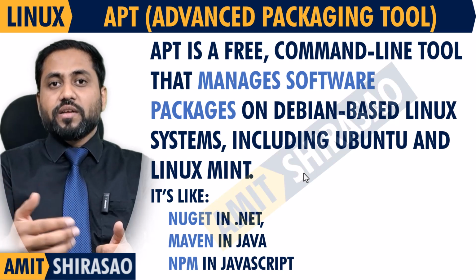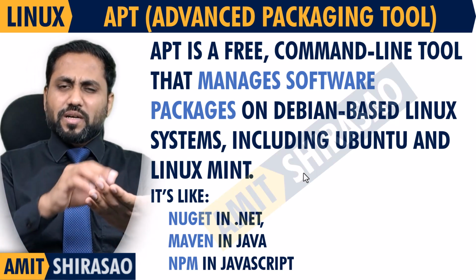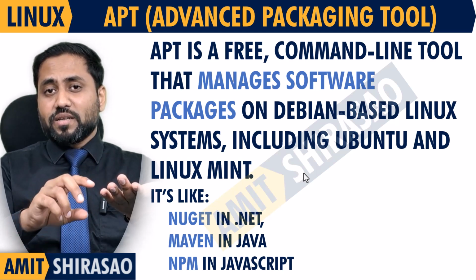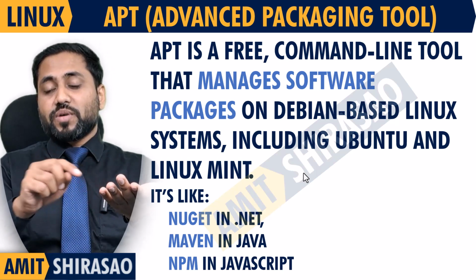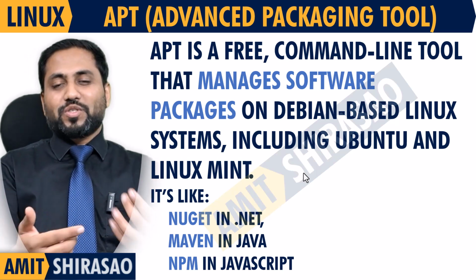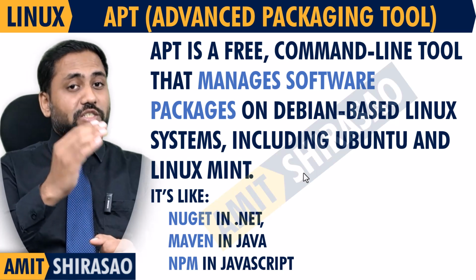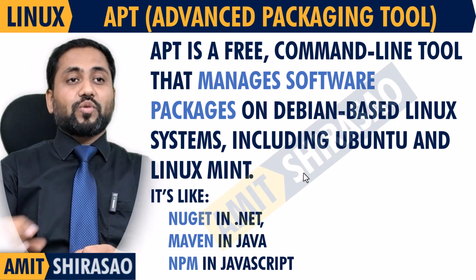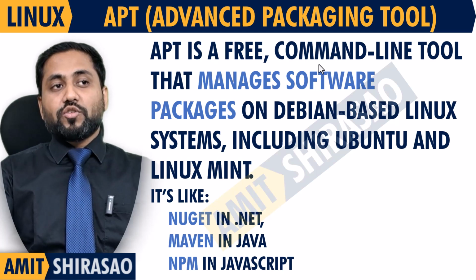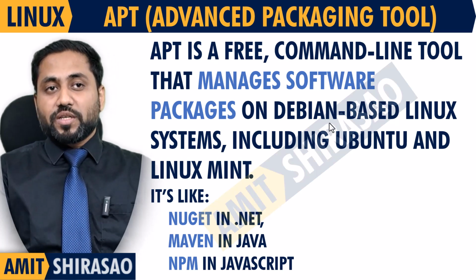What is DLL hell? You update the upper package, but it was dependent on some other package, and the newer version requires some other version of that lower package, which you forgot to upgrade because you're a human being. You make mistakes, but machines don't make these mistakes, so rely upon the machines. So apt is a free command line tool that Linux uses, especially Debian based Linux.